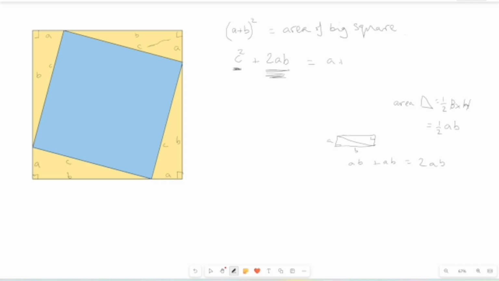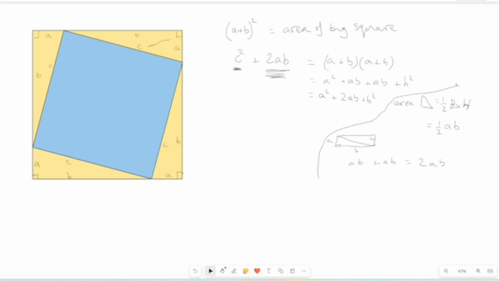We've got A plus B times A plus B, and that's equal to A squared plus AB plus AB plus B squared, and that's equal to A squared plus 2AB plus B squared.